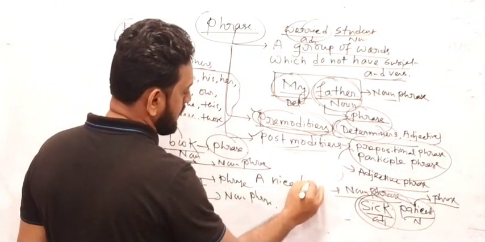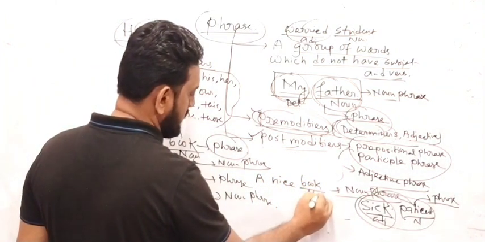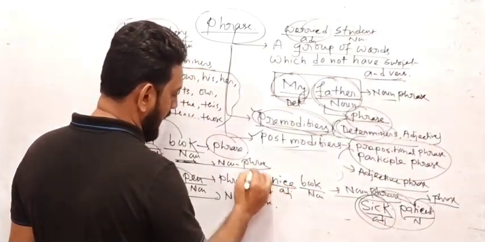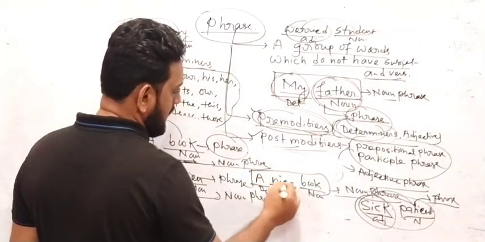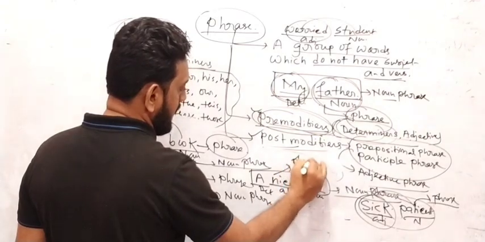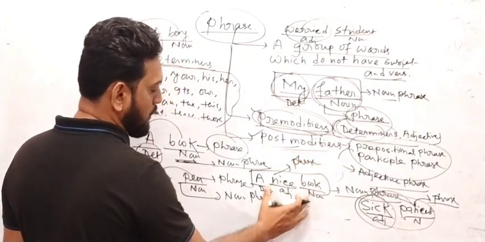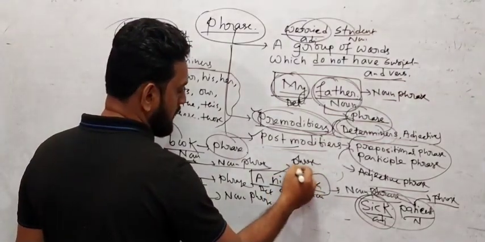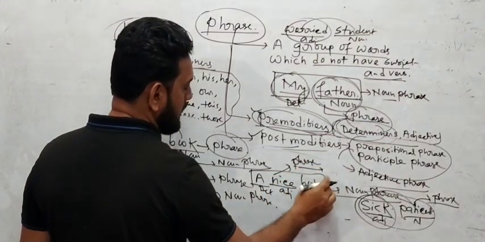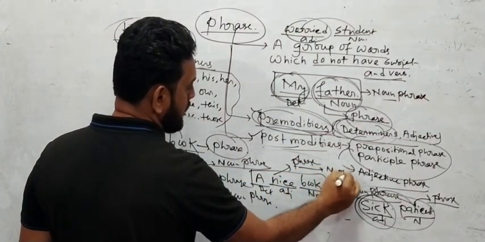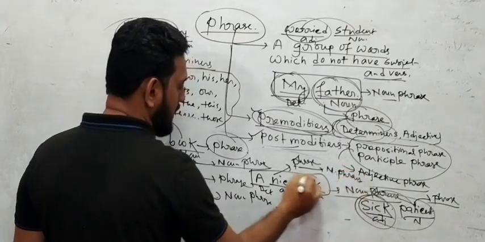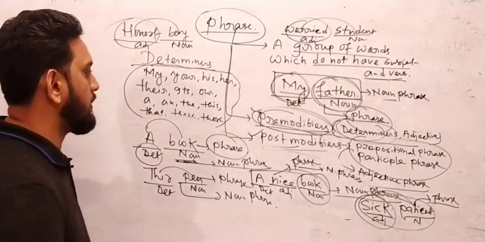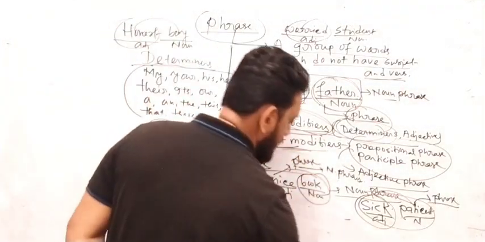Here book is a noun, nice is an adjective, and a is a determiner. From a to book is a phrase because it is a group of words, and it can be considered a noun phrase, because the last word of this phrase is a noun. Got it? Very good.